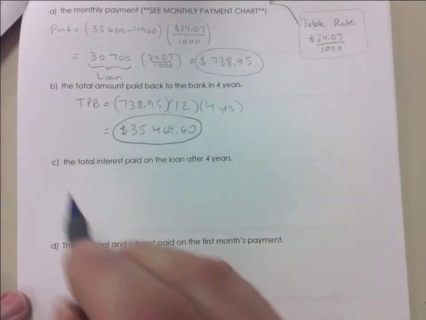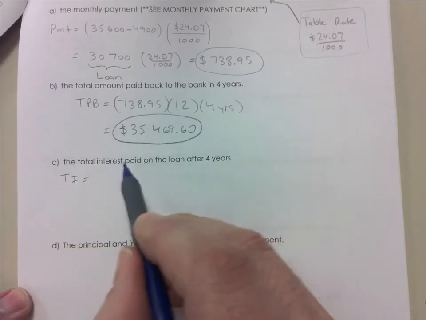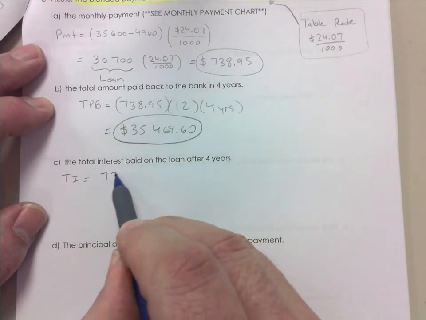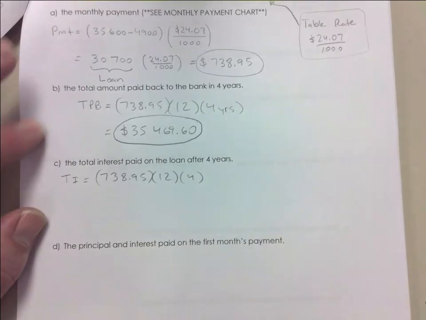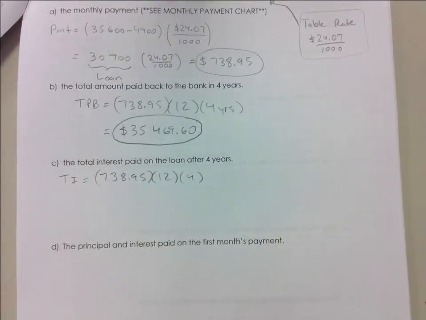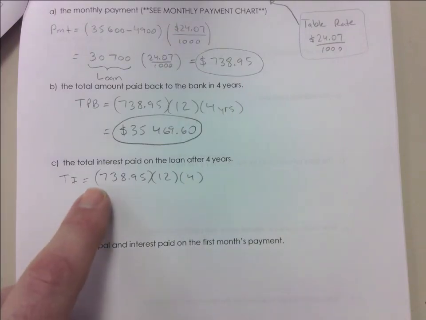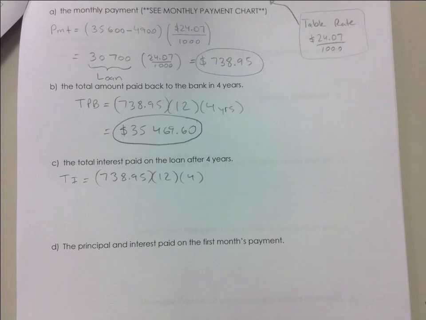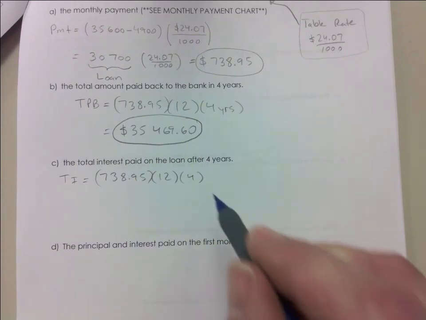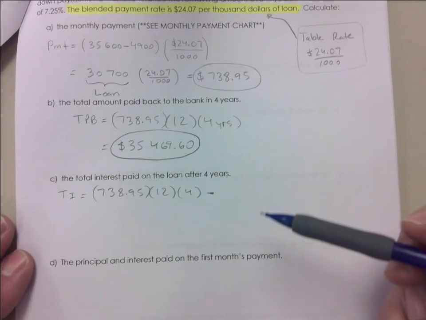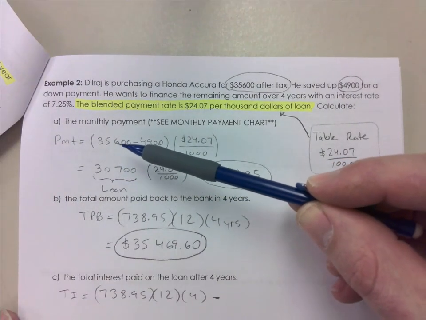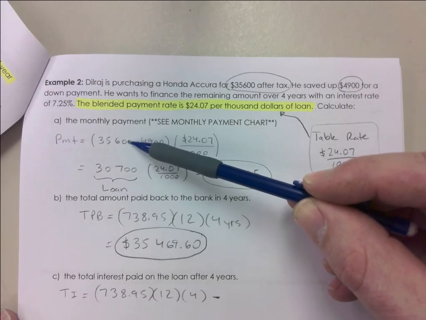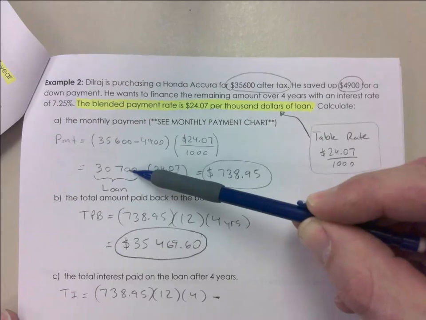Total interest paid on this. Let me tell you what usually happens. On the exam, I'll ask for the total finance charge or the total interest. Students just do this part. That's mistake number one. Mistake number two, when they subtract, if I give you a pick between this number and this number, a lot of students take this one and subtract that from the total paid to the bank. But you have to pick the loan.